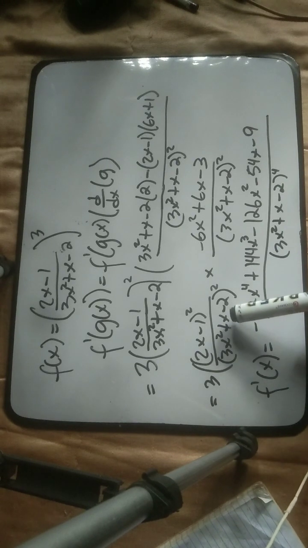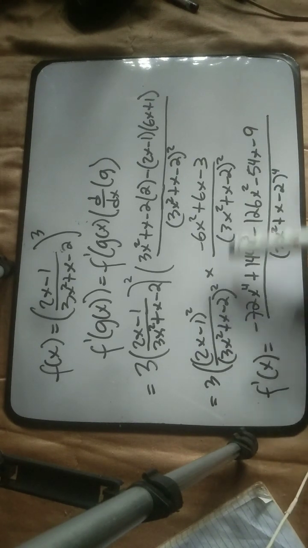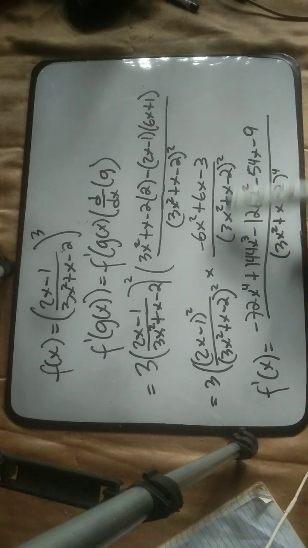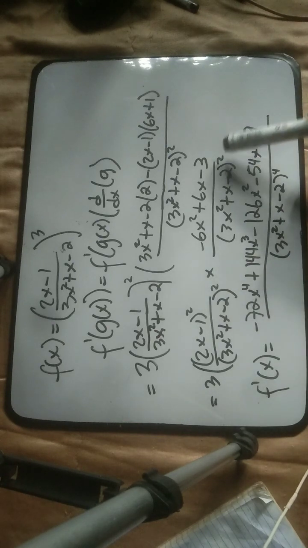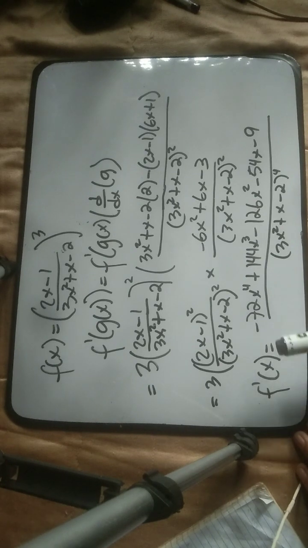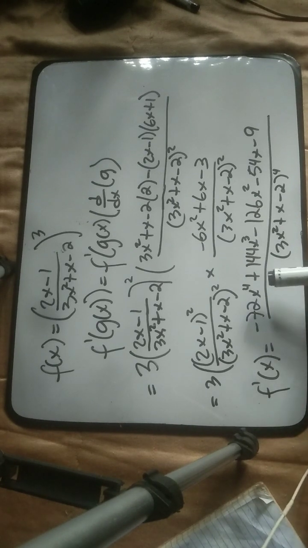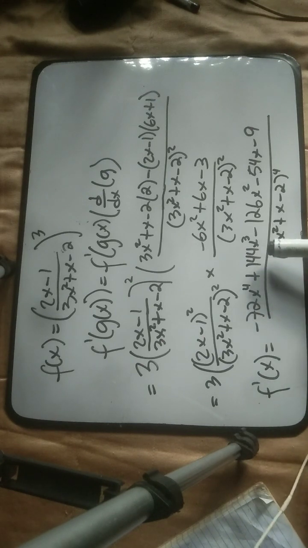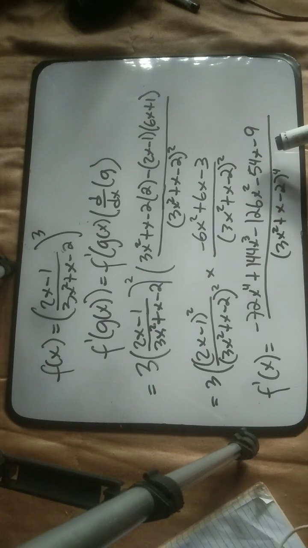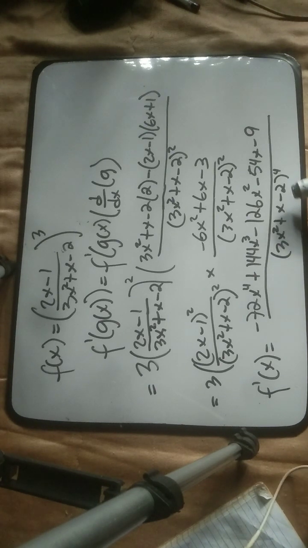Since we have the same denominator, we just multiply the denominators and multiply the exponents. So we get the derivative of x equal to negative 72x fourth plus 144x cubed minus 126x squared minus 54x minus 9 over 3x squared plus x minus 2 raised to the power of 4.